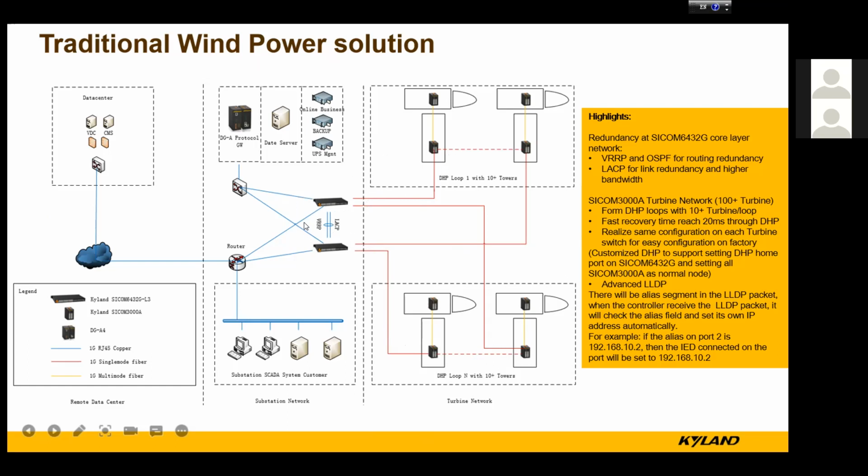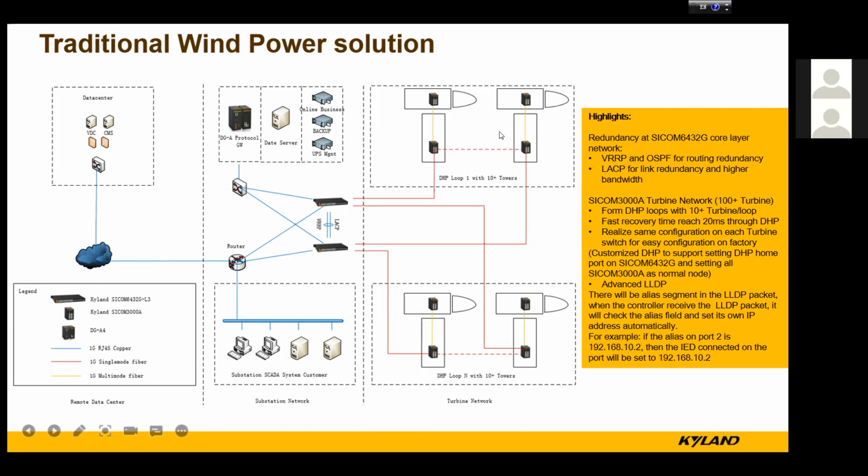There is a VRRP group and a LACP group between these 2 switches. VRRP ensures the redundancy of the 2 switches, and LACP provides higher bandwidth between them. They also form an OSPF redundancy route with the third-party router for internet communication to the data center.